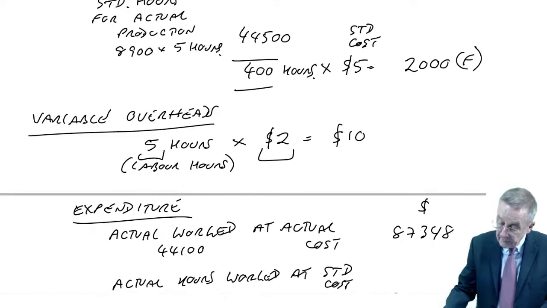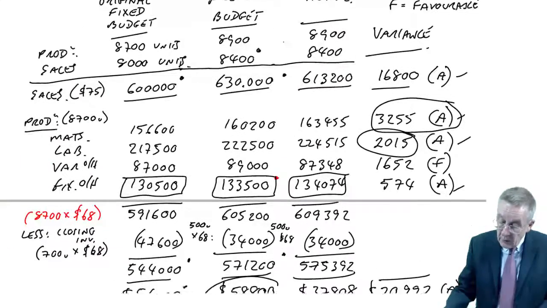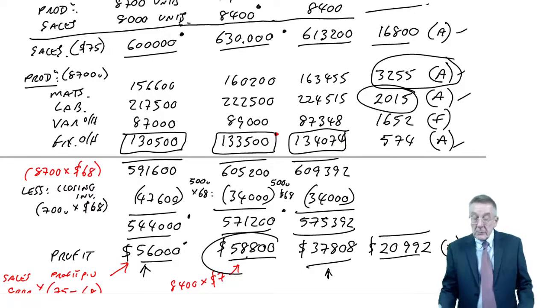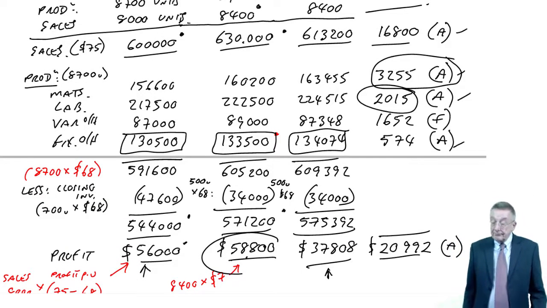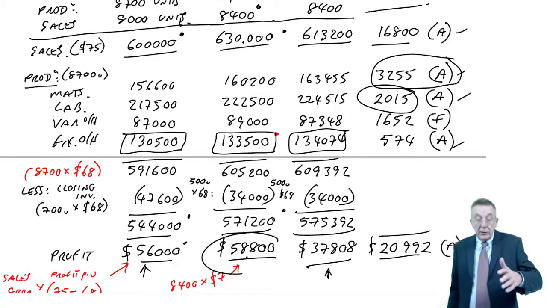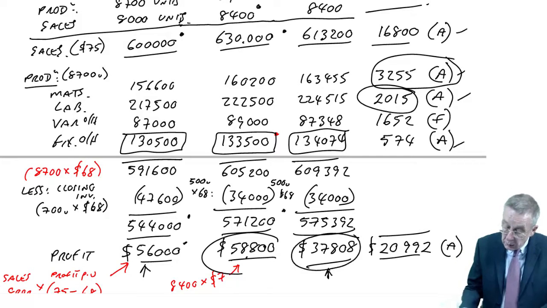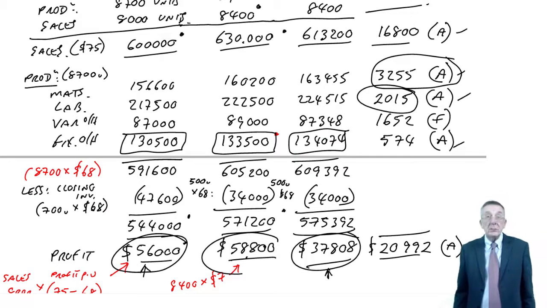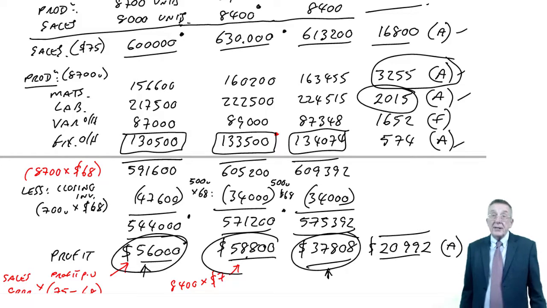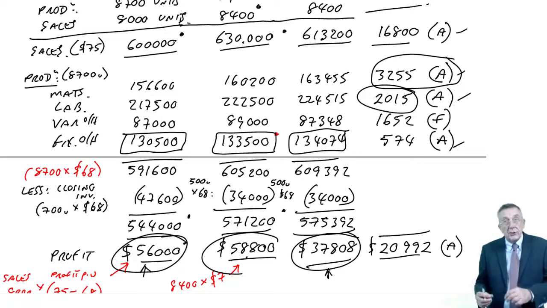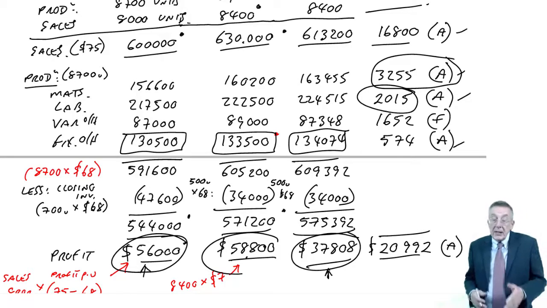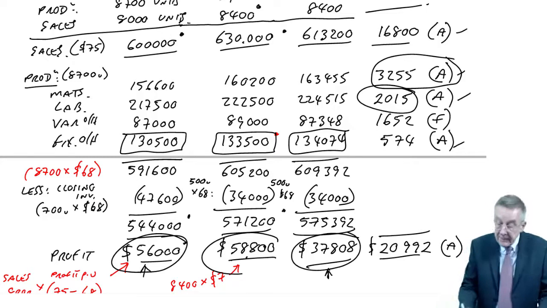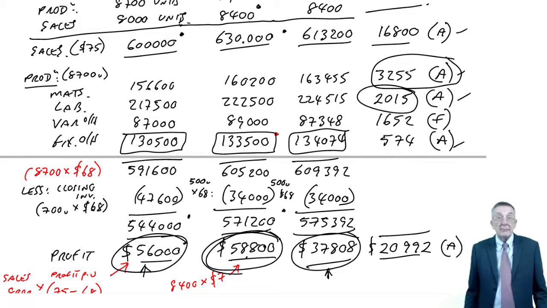Remember, when I did the flex budget and looked at the variances, I said management are interested in why the actual profit is different from the original budget. Well, the original budget said 56,000. The most obvious reason why things have turned out different is because we sold more units. If sales go up, that meant we expected more profit.